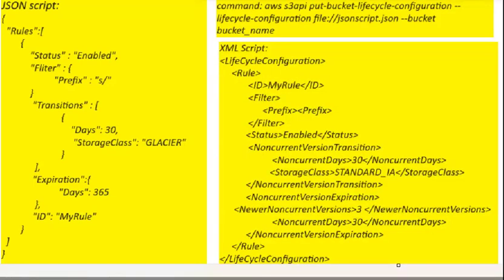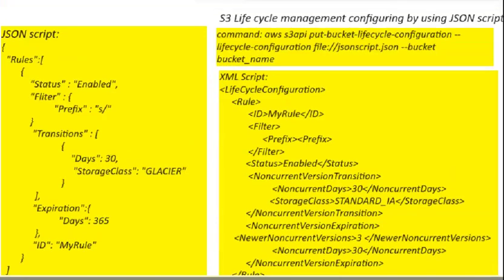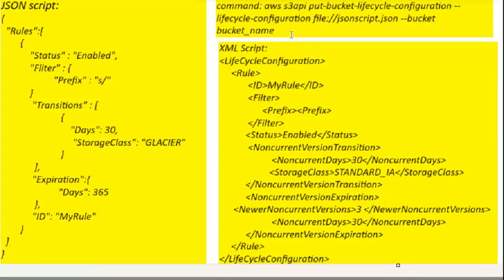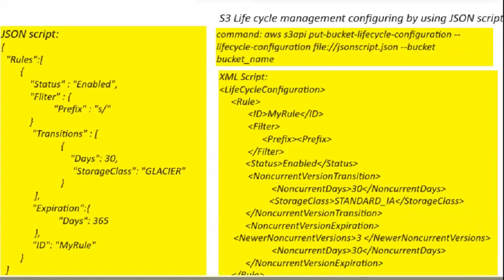I hope you understood all the ways which are possible to create your lifecycle management configuration by using the console as well as JSON and XML, and how to run it as well. I hope this video was understandable to you.